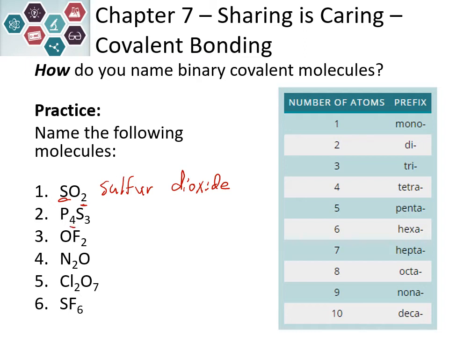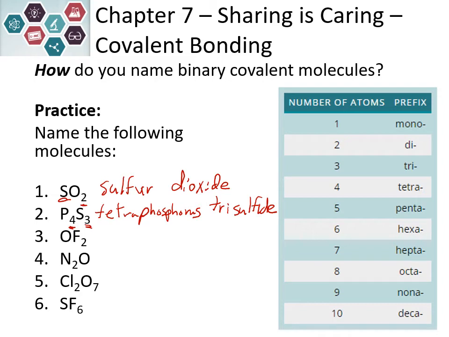P4, there are 4 phosphorus, so our prefix is tetra, becomes tetraphosphorus. There are 3 of the S, which is sulfur, so it becomes trisulfide, changing the ending to IDE.